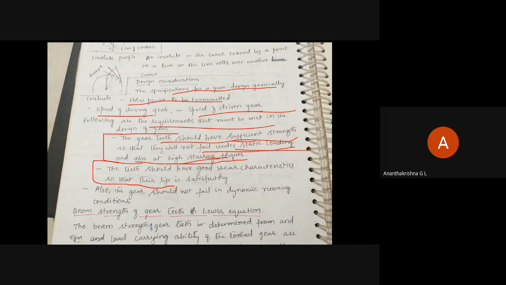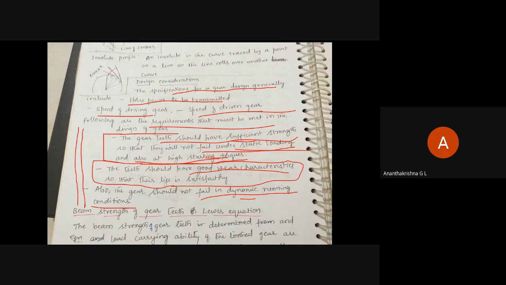That means the component that we are going to design, whether it is a gear or a clutch or a brake, should have good wear characteristics so that its life is long and satisfactory. And also the gear should not fail in dynamic running conditions. So these are the three requirements that have to be met by the designer during the design of a gear.